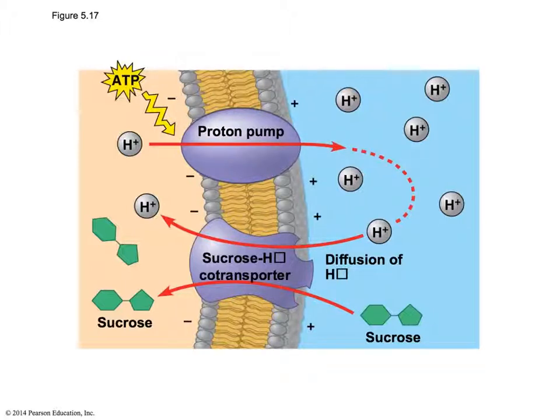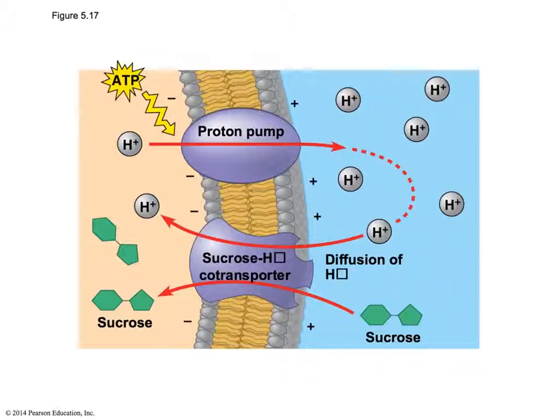Co-transport just means two things are transported together. In a way, the sodium-potassium pump is a co-transport. Two things are moved together. Sodium is moved out and potassium is moved in. They're moved in opposite directions, so that's called an antiporter.